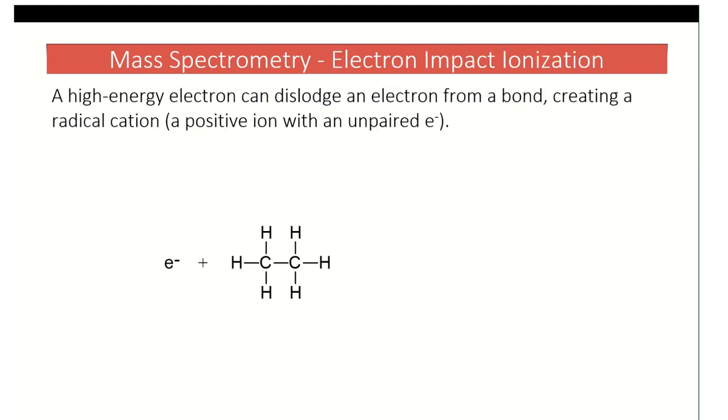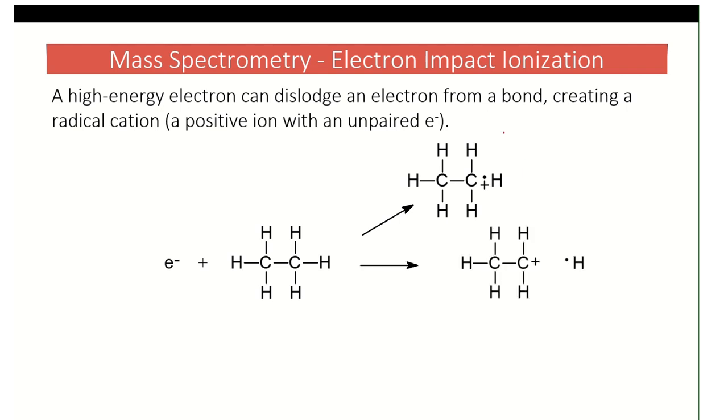How does it work? We have an electron spanking a molecule, and then the molecule gets excited, and you can see that it loses an electron. So now we have a positively charged species, what we call a charged radical. In this case, this is the molecular ion.